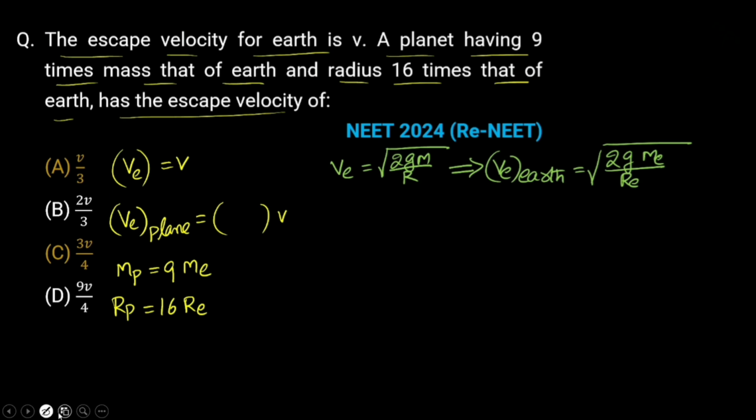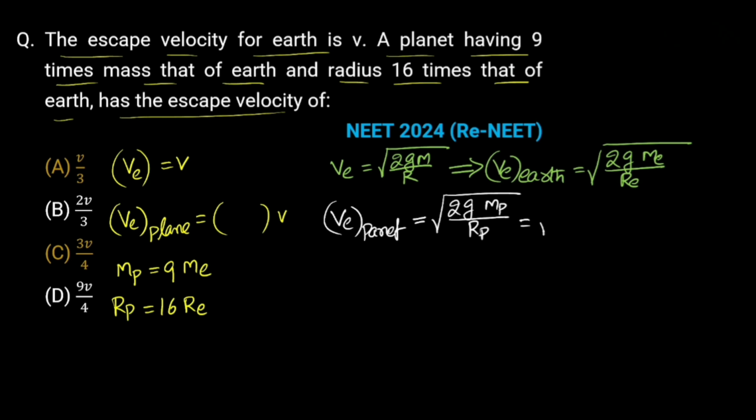Now let me decide the escape velocity of the same object on the planet. It is equal to root over 2G into mass of the planet, which is 9 times the mass of the Earth, divided by radius of the planet, which is 16 times the radius of the Earth.